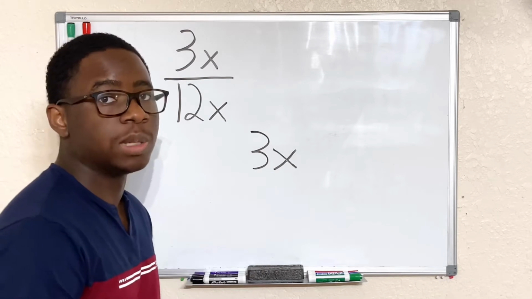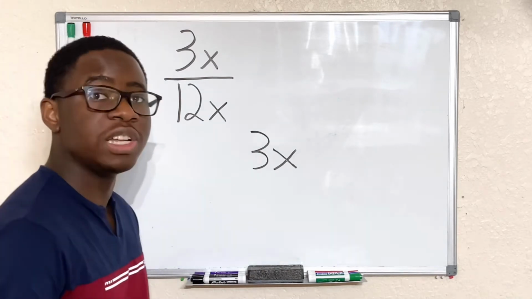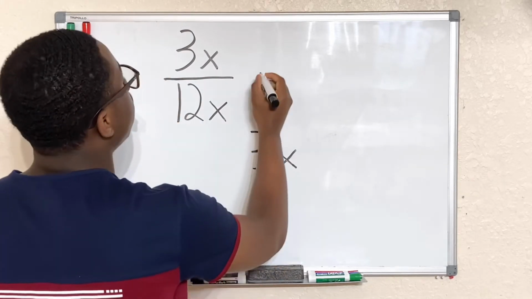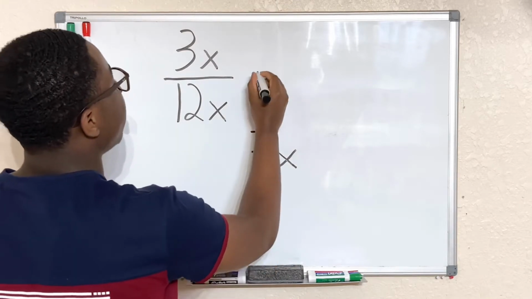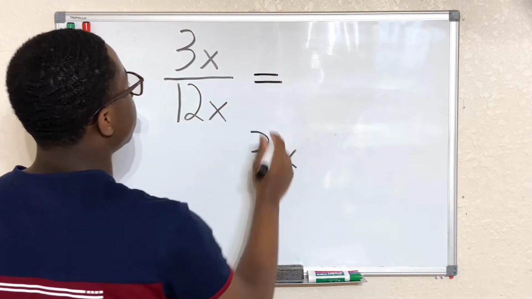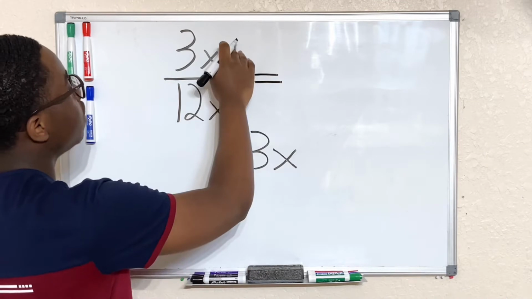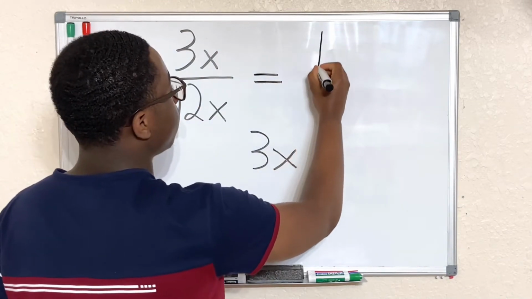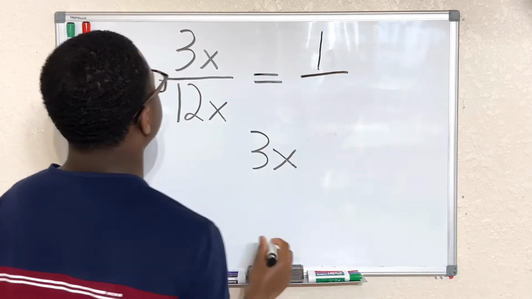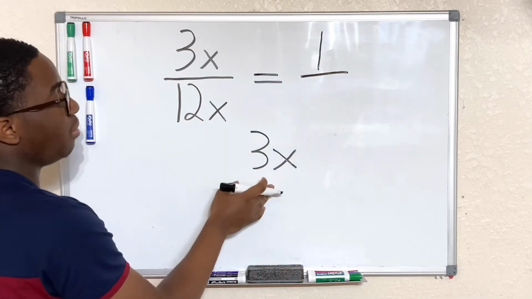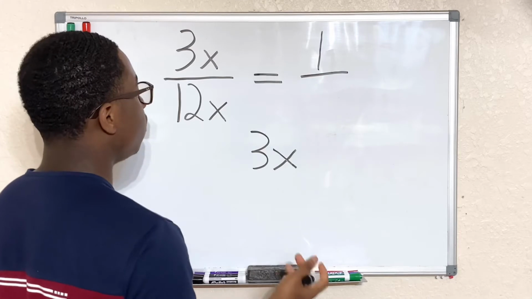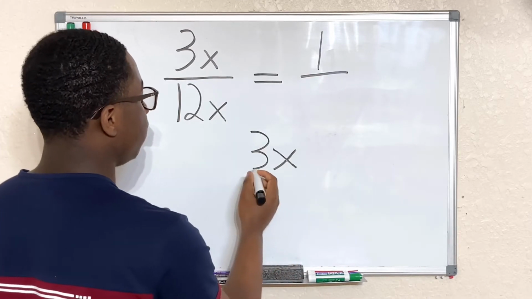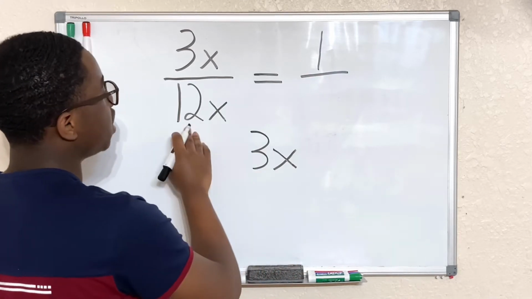In fancy terms, we call this the GCF, or greatest common factor. So now we know that 3x over 12x would be equal to, we take 3x out of here. 3x divided by 3x gives us 1. And 12x divided by 3x, what does that give us? That gives us 4, because if I multiply 4 by 3x, that'll give me 12x.